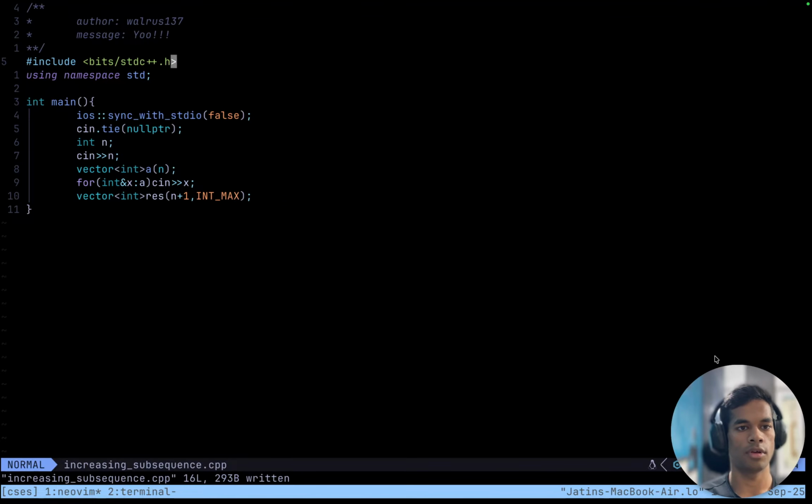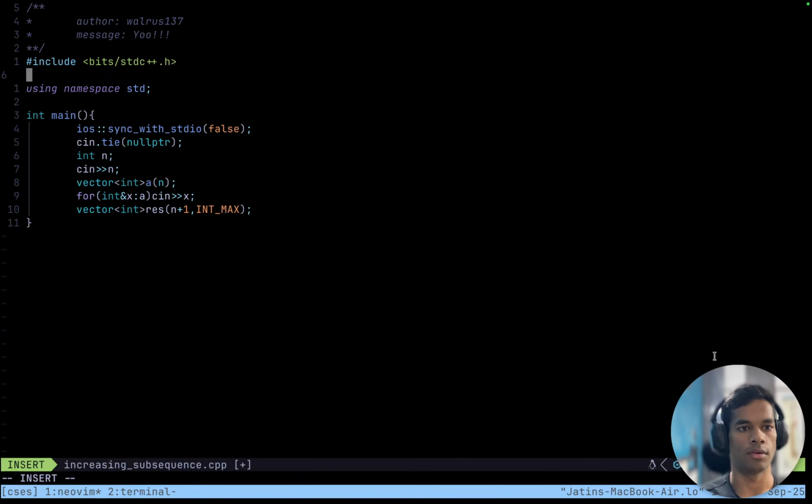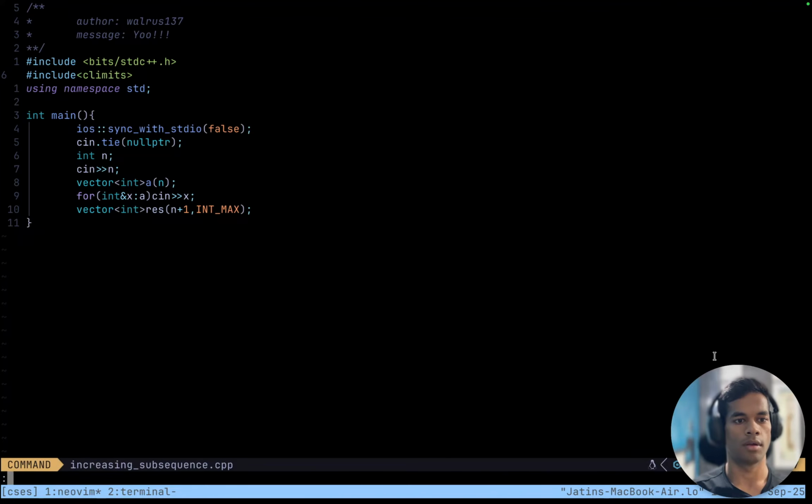And since we are using int max, we would have to include climits, and everything is int max except the first one, that is res 0 equals 0.